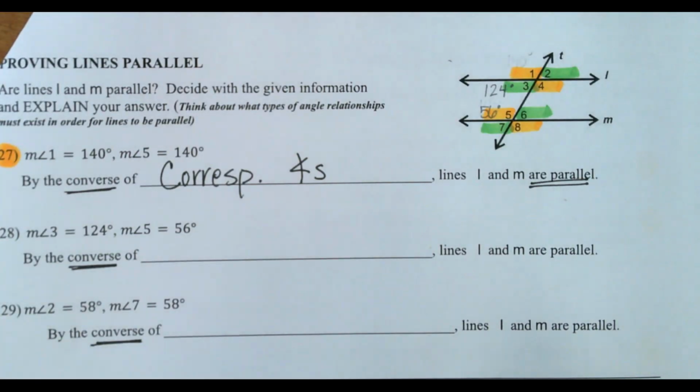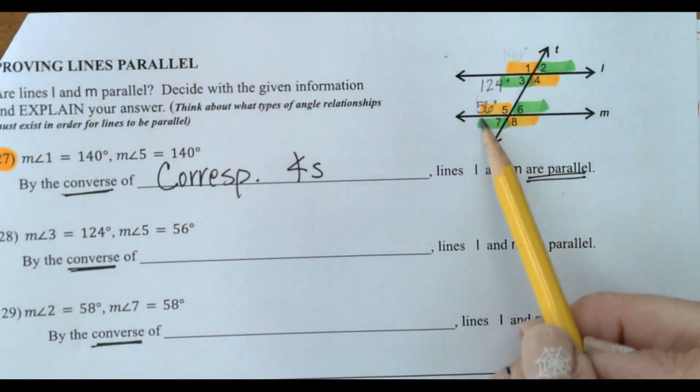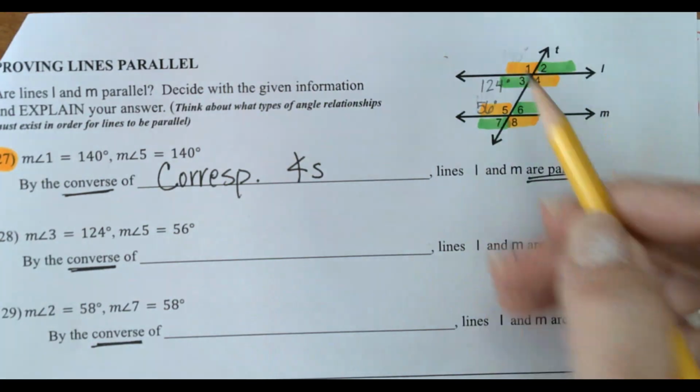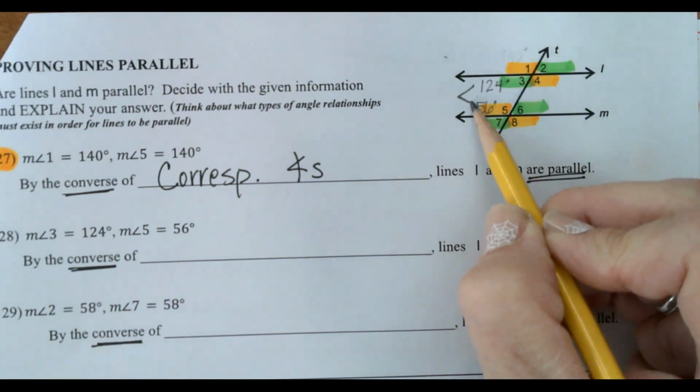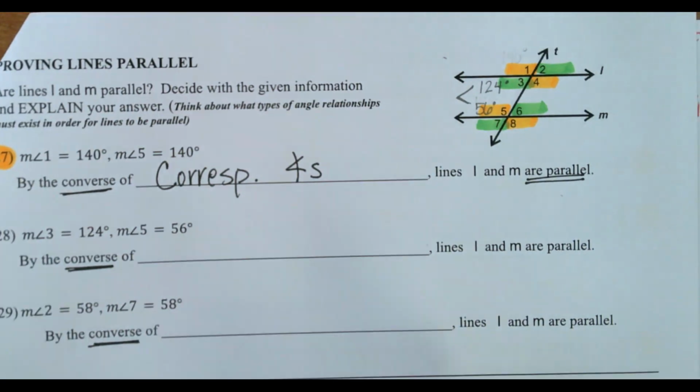Okay, I know that. What do you know about these two angles right here? They're consecutive interior. They have to do what? Do they add to 180?